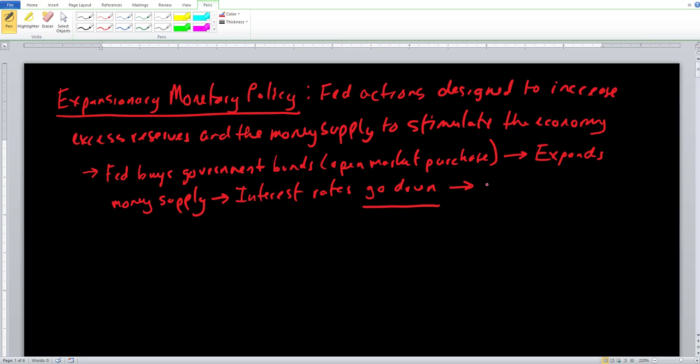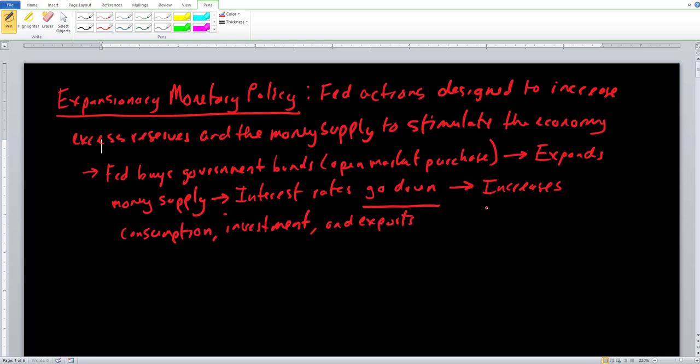So here, we hit on three of them at least. As interest rates go down, number one, it increases consumption. Number two, it increases investment. And then number three, it increases exports. And these are all categories of GDP.